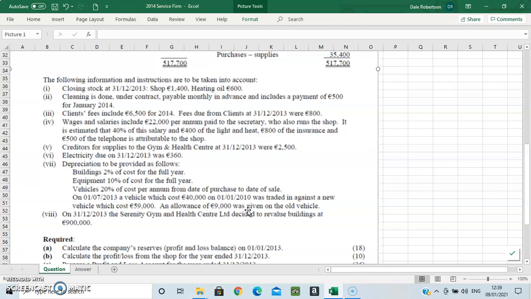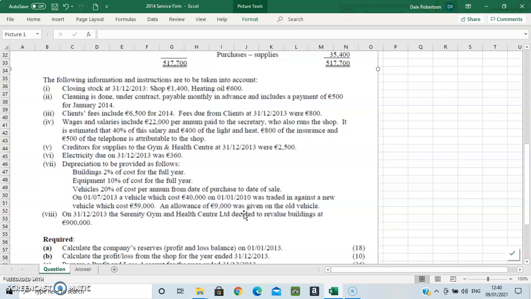So that's going to be a disposal, and that's going to affect our depreciation because it happens halfway through the year, on the 1st of July, 6 months in. And also it's going to give us a profit or a loss on that disposal. It's going to have quite a serious effect on our vehicles figures throughout the question. So I'm going to teach you how to do that in this video.